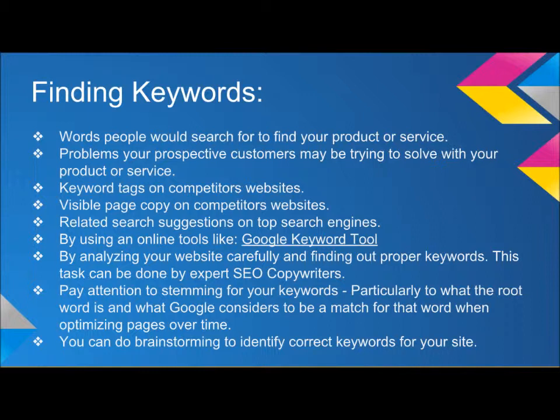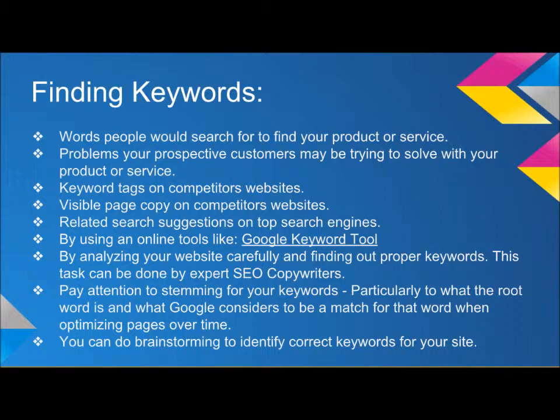Related search suggestion on top search engines. You can look at the related search suggestions which Google gives on the Google web page when you try to Google search something. Or you can also use the Google keyword tool. You can go online, and there is Google AdWords, and you can research your keyword from there also.